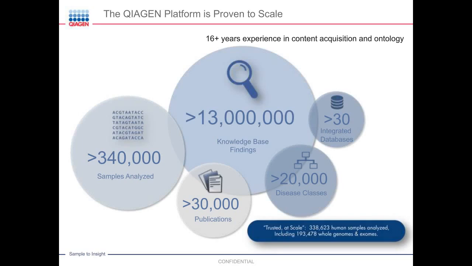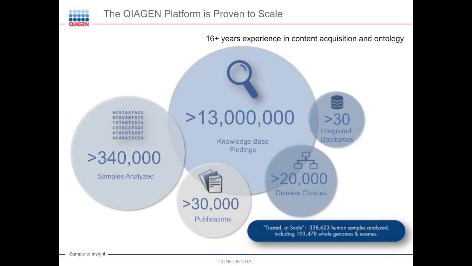knowledge base. On top of that, from this literature curation, we also have integrated open source and commercially available databases like COSMIC, then our own database, HGMD, ClinVar, and several others. In total, our products are cited in over 30,000 publications.